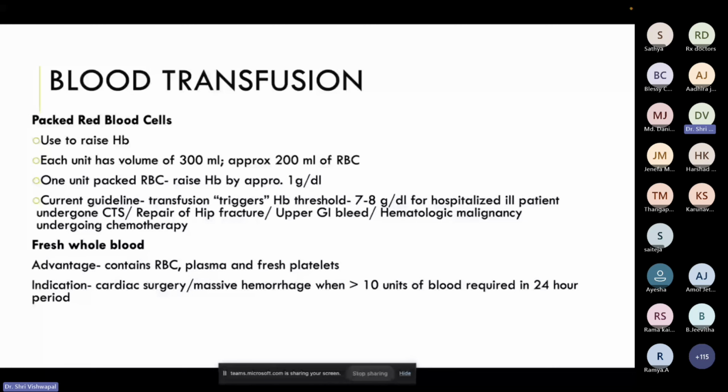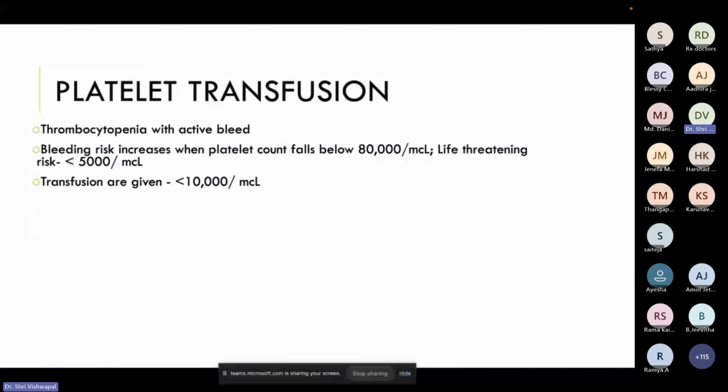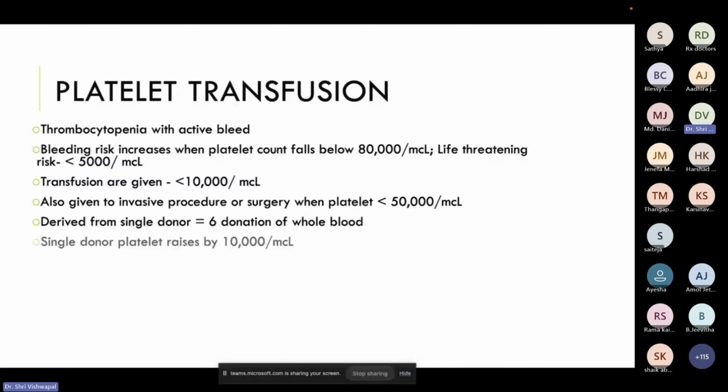Fresh whole blood is not used in regular practice now. Platelet transfusion is used in thrombocytopenic patients. While transfusing RBC, each unit increases hemoglobin by 1 gram per deciliter, but in platelet transfusion, each unit increases platelets by about 10,000 cells.